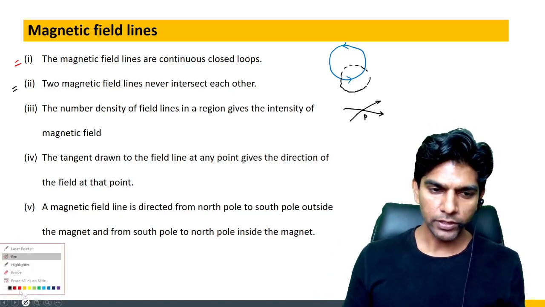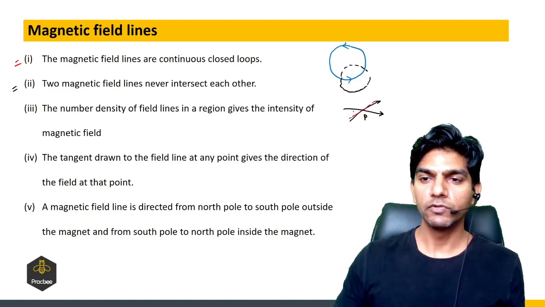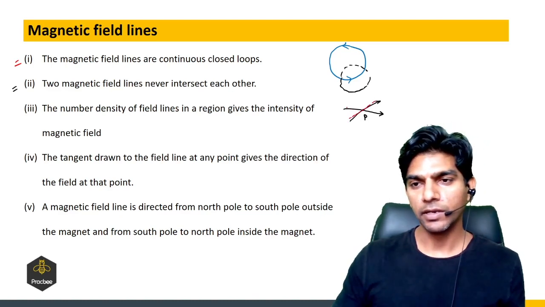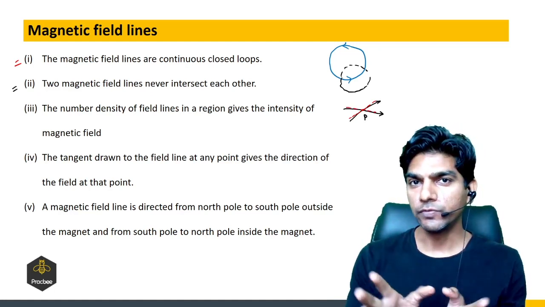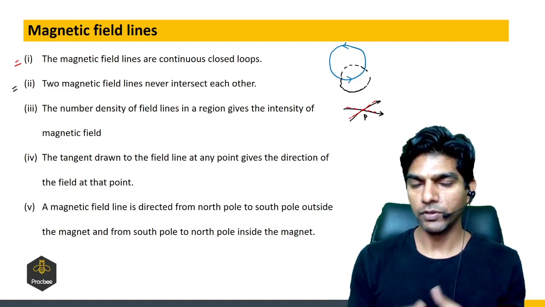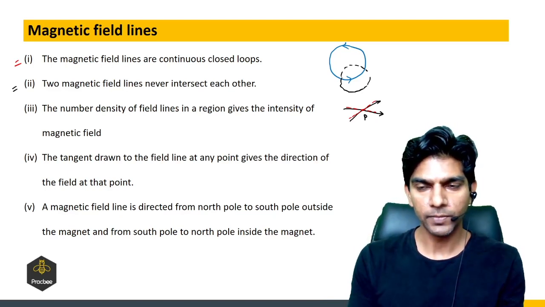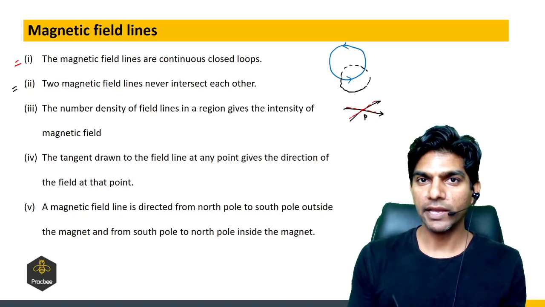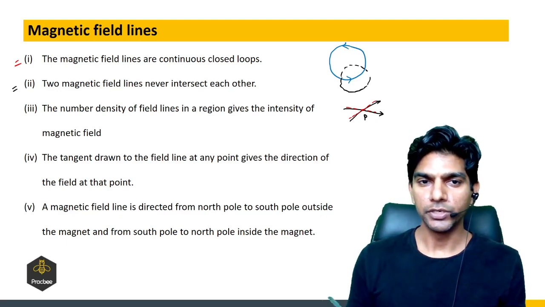So at the point of intersection of these two magnetic field lines, there are two possible directions. One is along this tangent, another is along this tangent. So this is giving us two different directions for the magnetic field. And we know that at a particular point, a vector quantity must have some fixed direction. So it is not possible. So that's why magnetic field lines never intersect at a point.